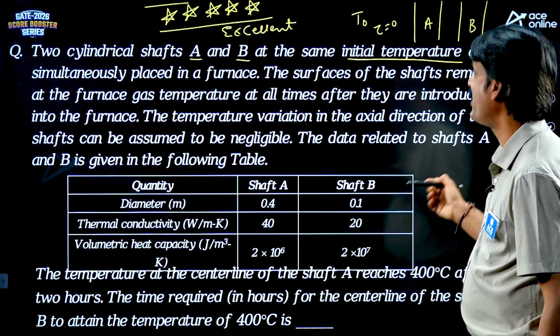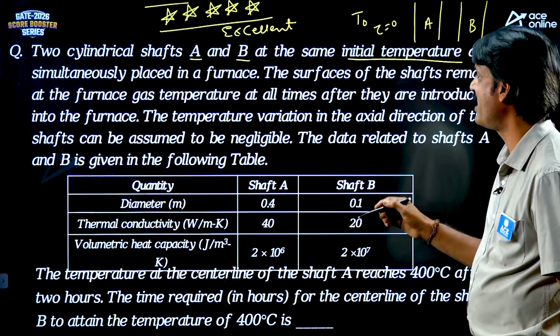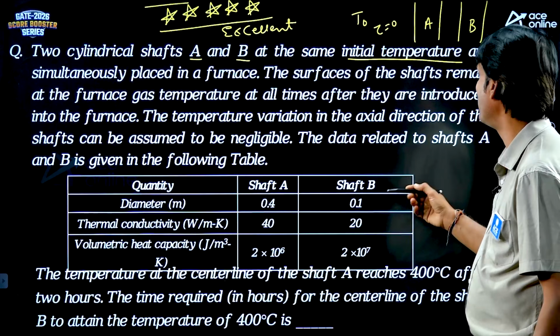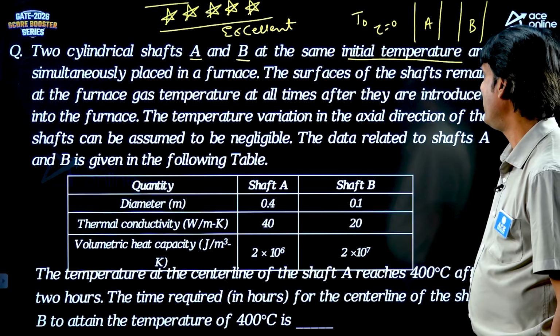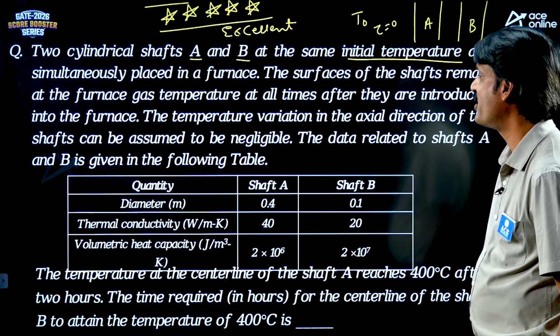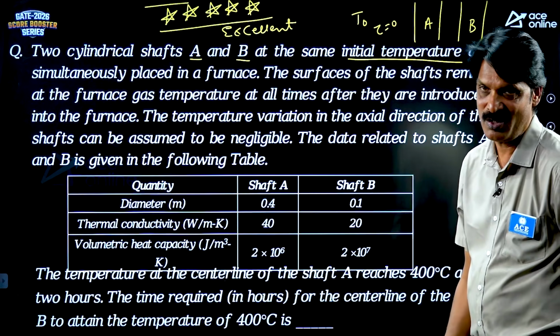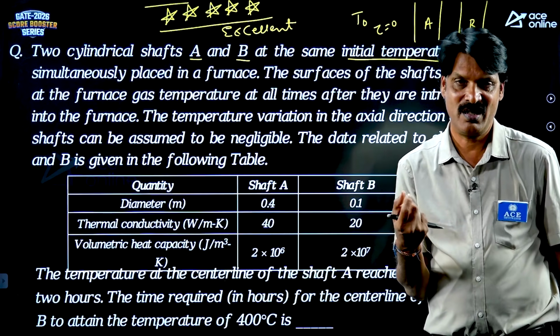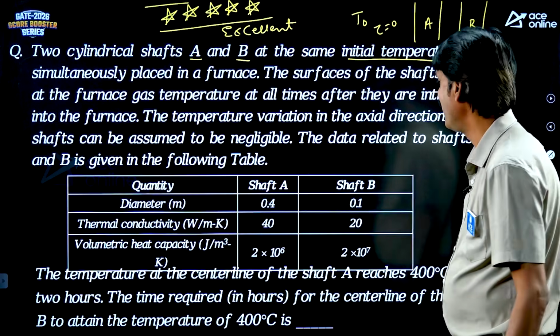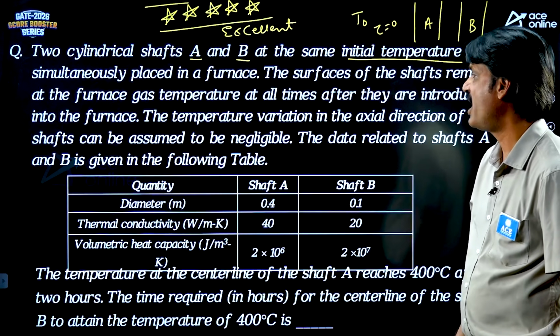The surfaces of the shafts remain at the furnace gas temperature all the times after they are introduced into the furnace. Very good. The temperature variation in the axial direction of the shafts can be assumed to be negligible. That means the heat transfer along the axial direction is assumed to be negligible. The data related to the shafts are given below.